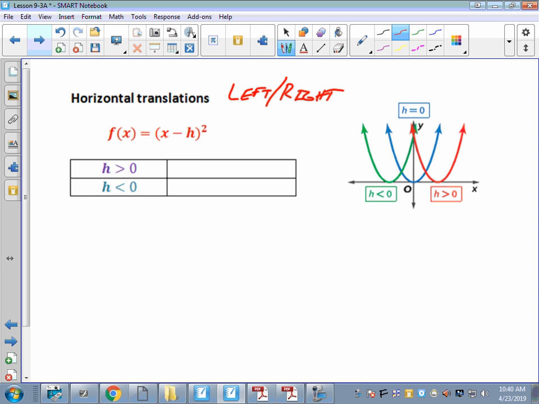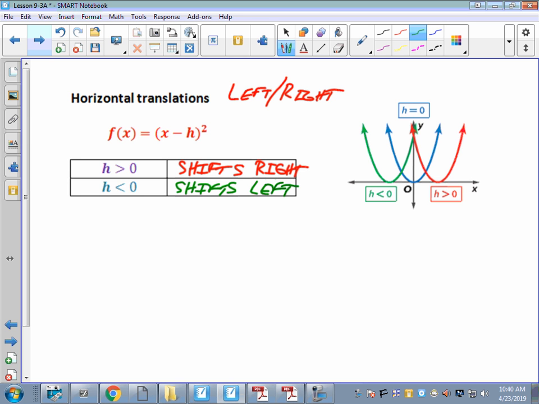If h is greater than 0, it's going to shift to the right. And if h is less than 0, it's going to shift to the left.